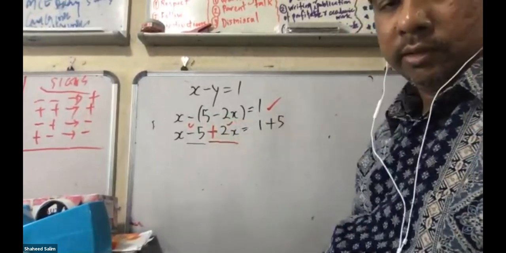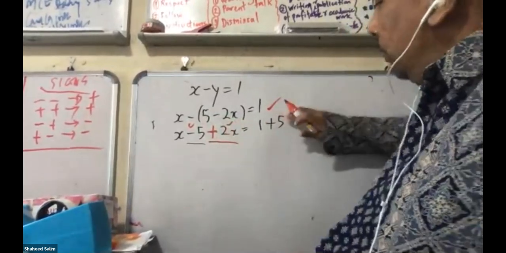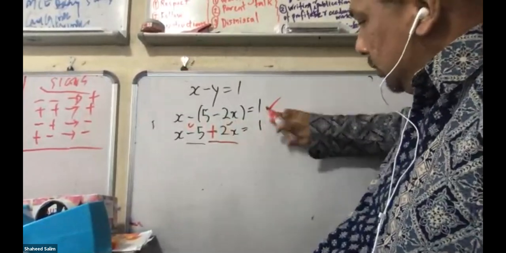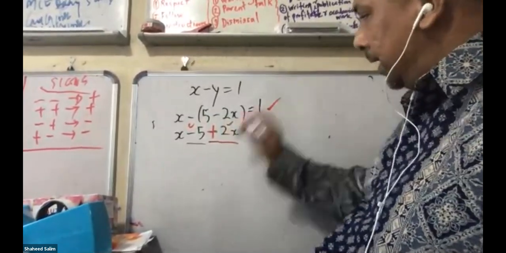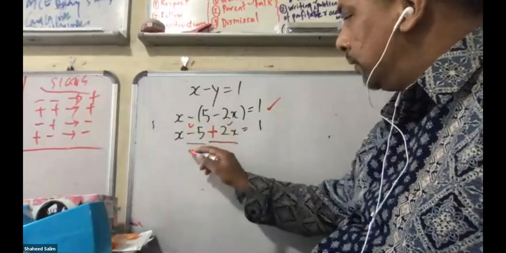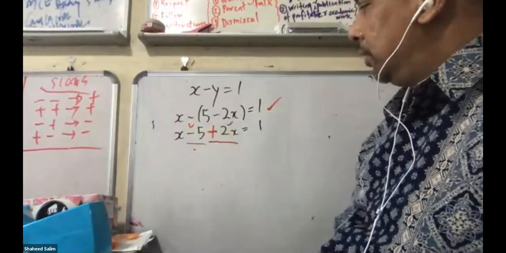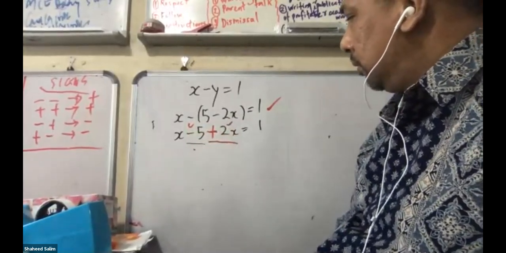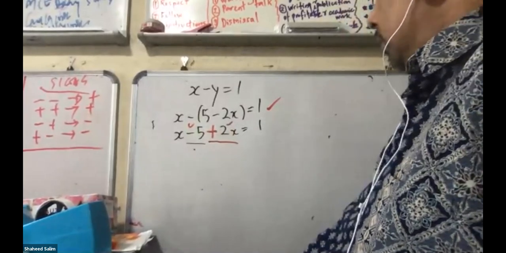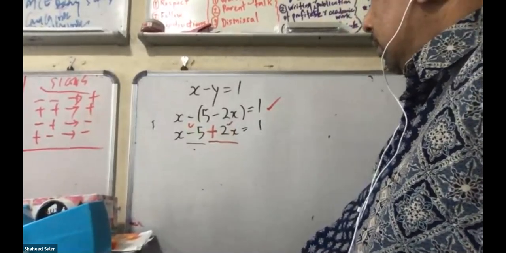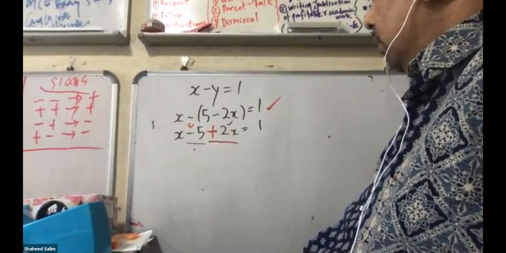Supposed to be plus. And don't put the plus 5 first. Let it be like that. Remove the brackets first. Then you plus 5, you bring over there. You plus 5. Okay, you try then.